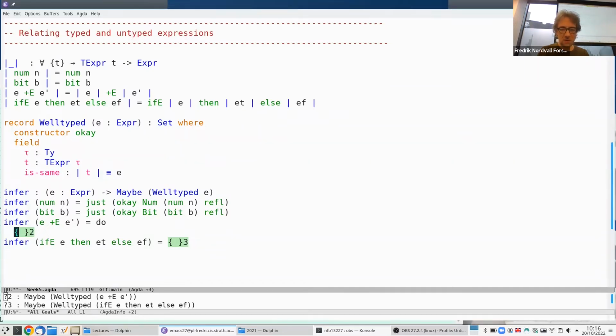So what's going to happen is I'm going to get myself T comes from infer E, and T prime comes from infer E prime.